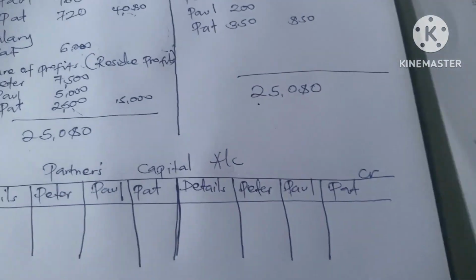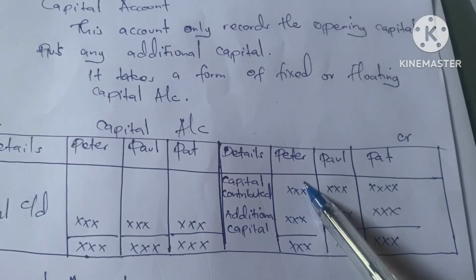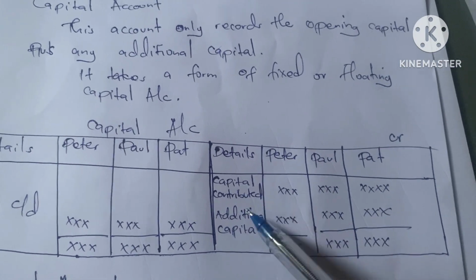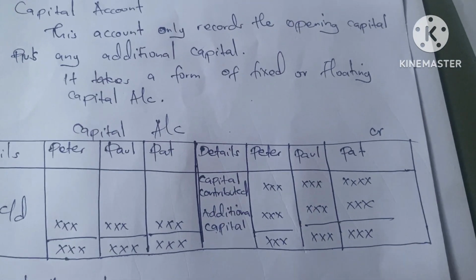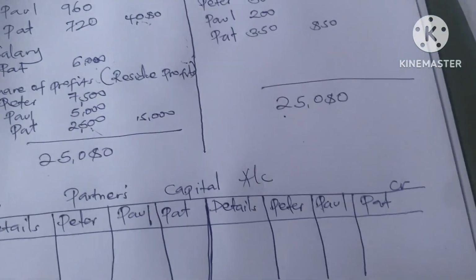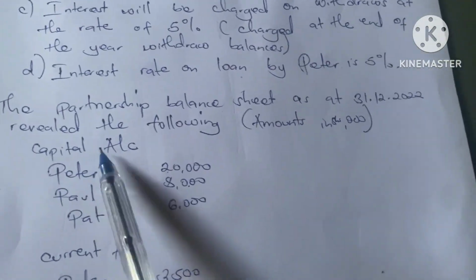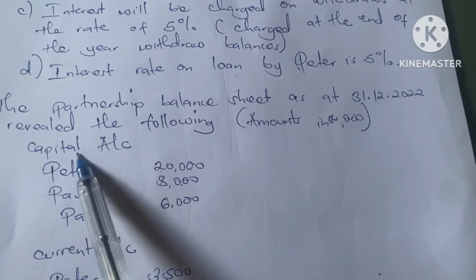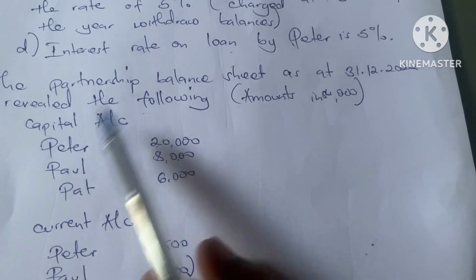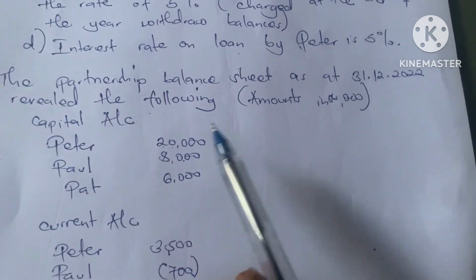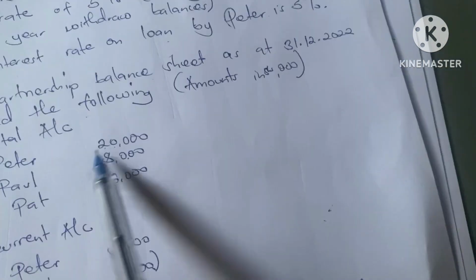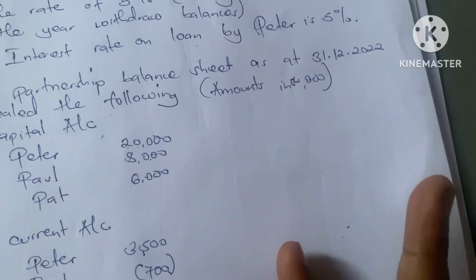So according to our formatting, we said the partners capital account only records the capital contributed and additional capital. In this question, we have the partners capital account for the 3 partners, but no one brought additional capital, meaning we are only going to have this and not additional capital.